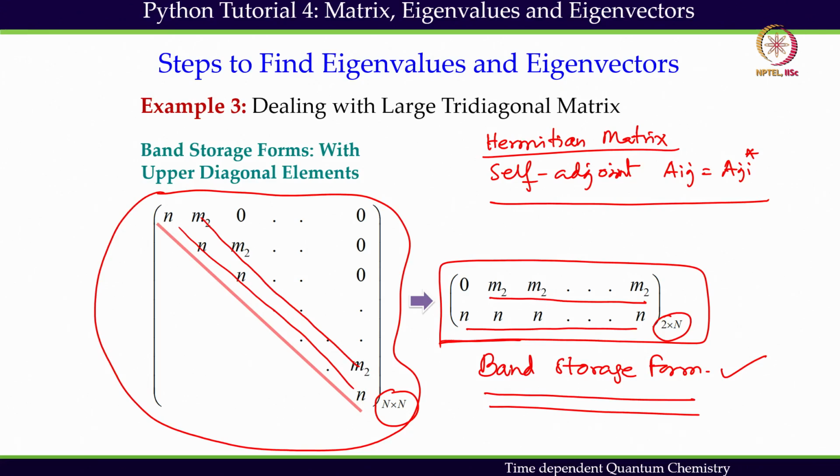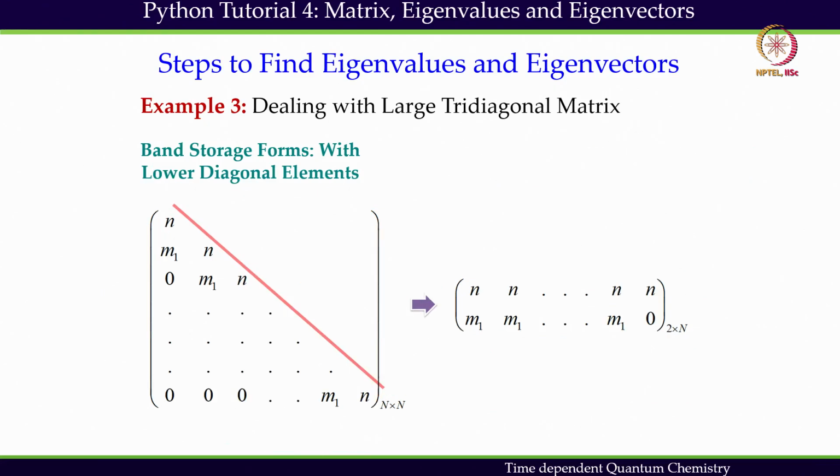On the contrary, one can also store it with the help of lower diagonal elements, and in that case it is going to be the diagonal elements first, and then in the second row we will have the lower diagonal elements with 0 in the end. So, these are the two different representations of band storage form.